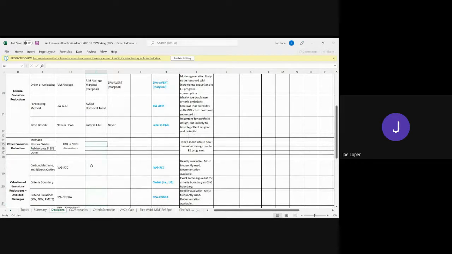On other emissions reductions, methane has probably been the one that most commonly comes up. The challenge with methane is we're talking about reductions in methane leaks from transmission and distribution pipelines, from production facilities, and from end use equipment. The big question mark is to what extent.